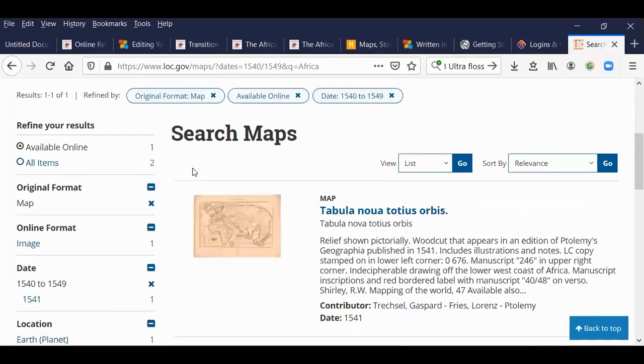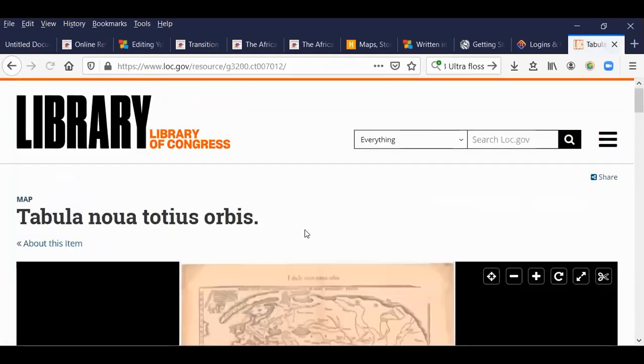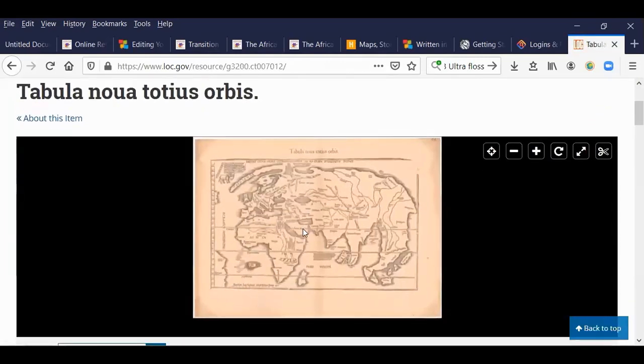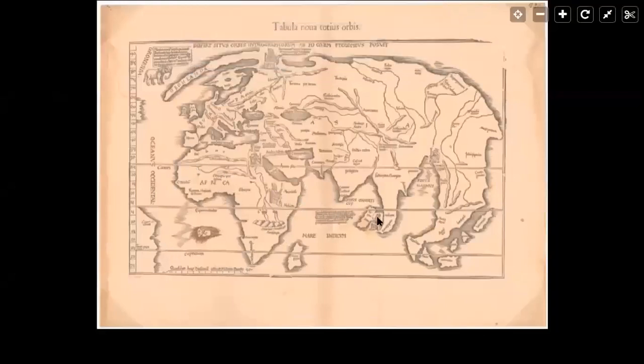There they indicate they've got this one map, which is very fascinating because it marks one of the earliest indications about the importance of Africa on the way to Asia.